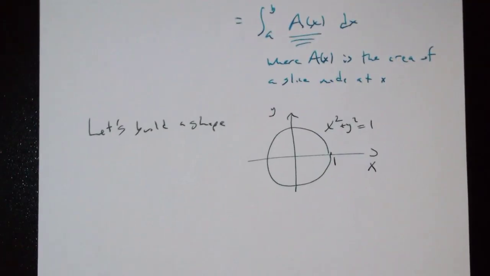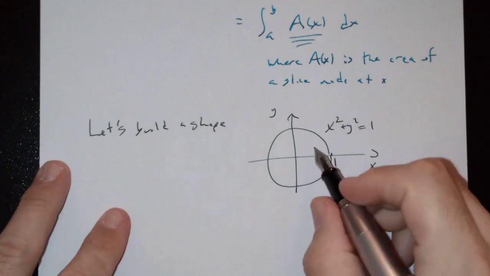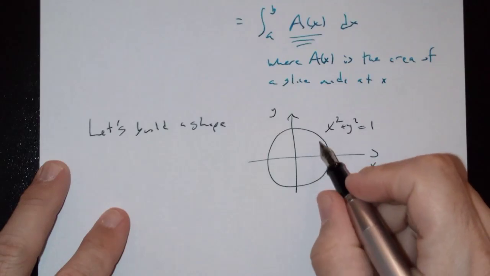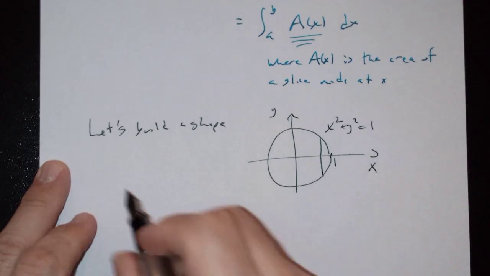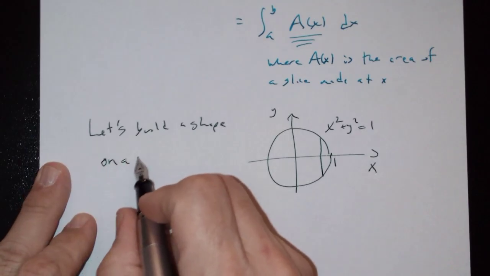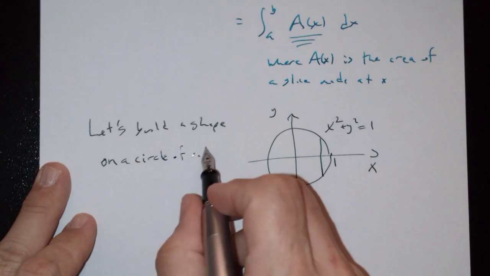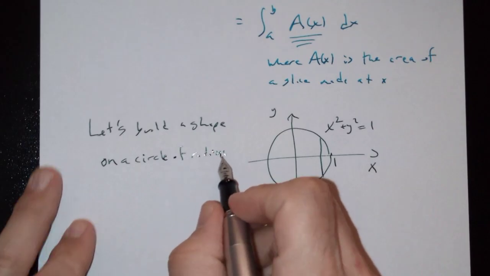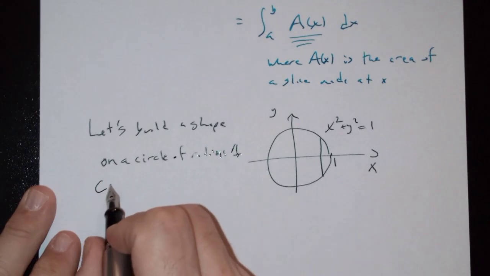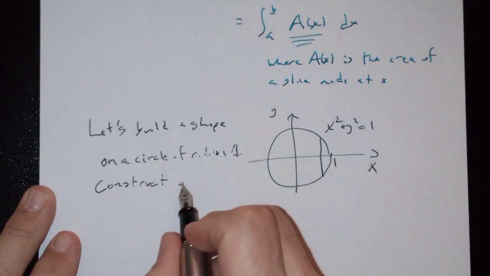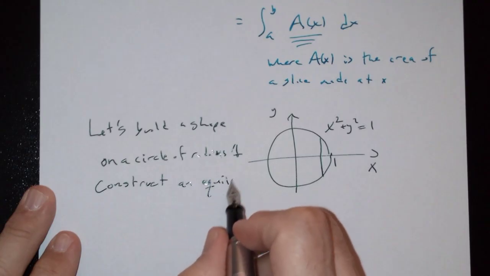And what I want you to do is at every x value, I want you to build a square or a triangle. Let's do a triangle. We're going to make a triangle. I'm going to make a triangle for each x value. And not just any triangle, an equilateral triangle.